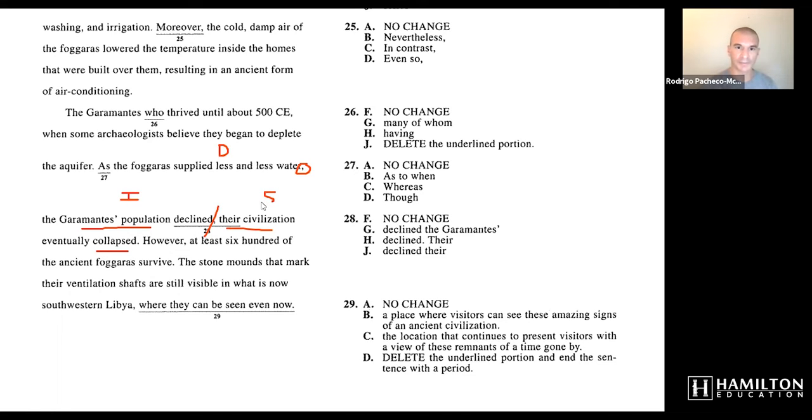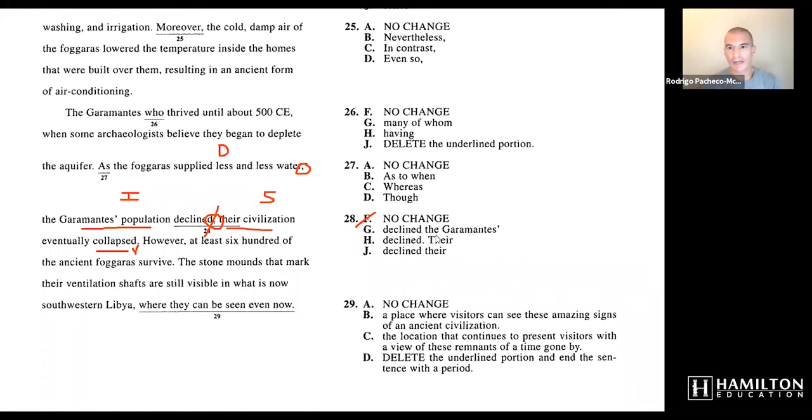We have our subject, civilization, and the verb collapsed, the two elements that we need for a clause. And we don't have a subordinator, which tells us that this is an independent clause. Well, that comma here would be incorrect. This is a punctuation mistake, what we call a comma splice. That's when we try to use a comma as a semicolon or as a period in between two independent clauses. So we can eliminate F.